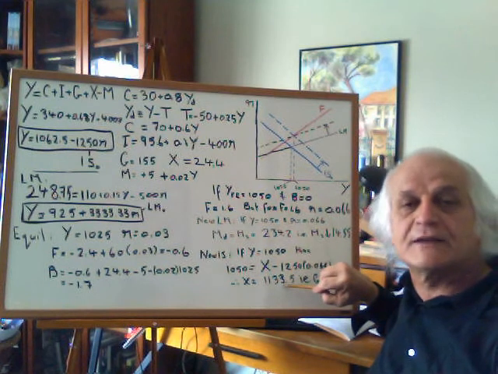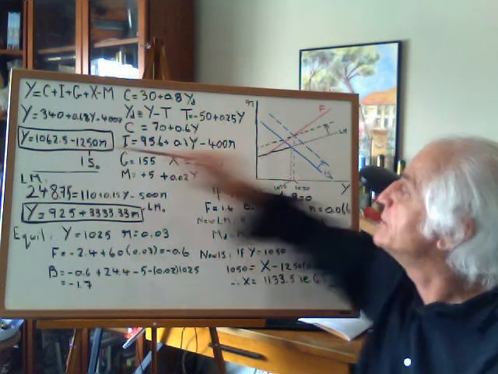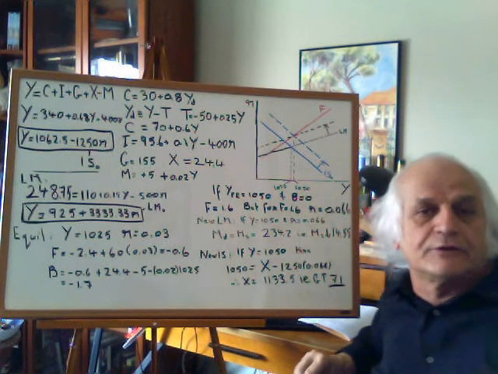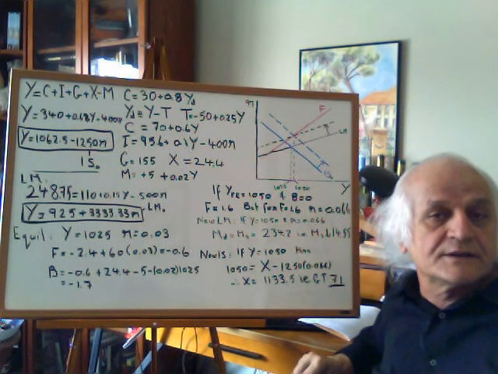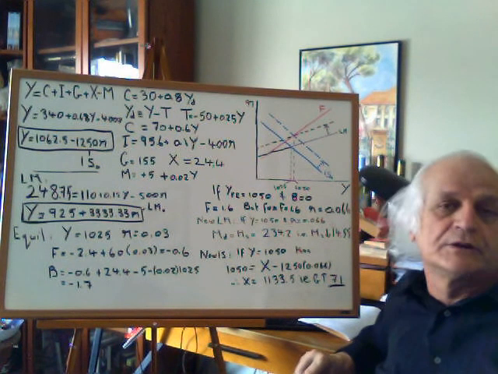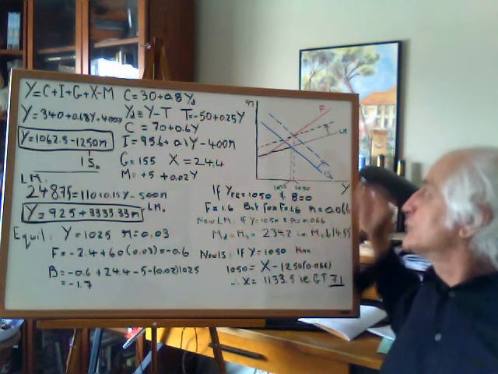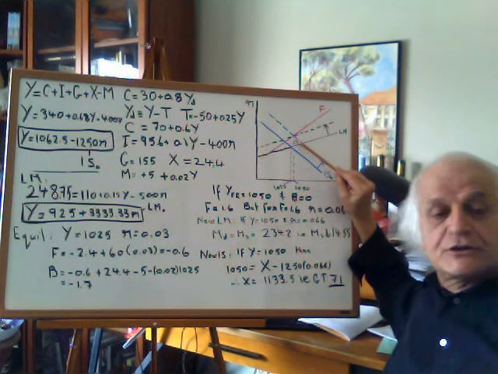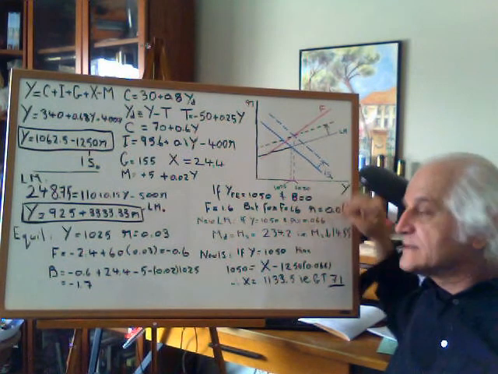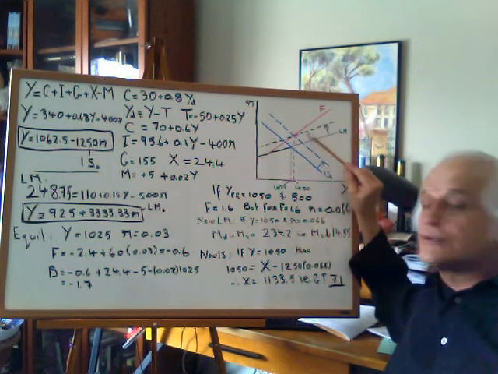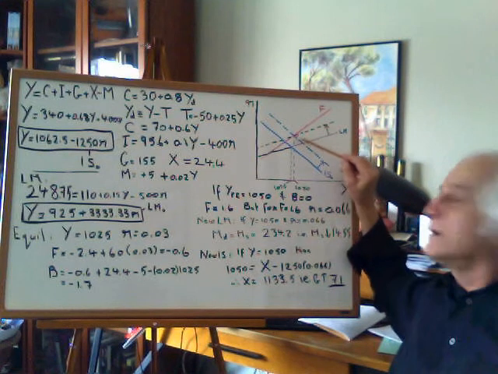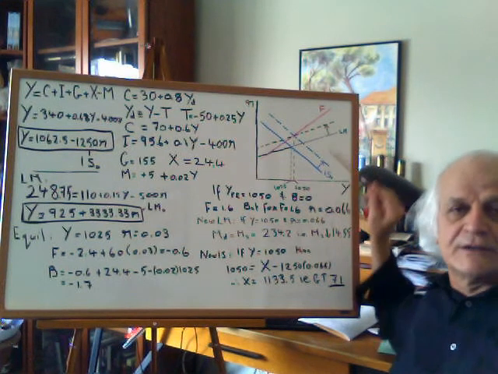But if the X is 1133 and it used to be 1062, it means that I have increased it by 71. What is it that has increased by 71? It's G. So notice then, in order to get this, I'm going to have to follow an expansionary fiscal policy of +71, a contractionary monetary policy of -14.55, and I come over here, which is the state of bliss.